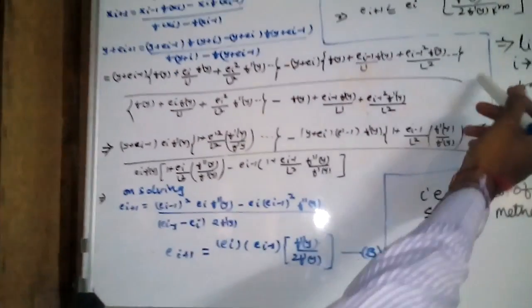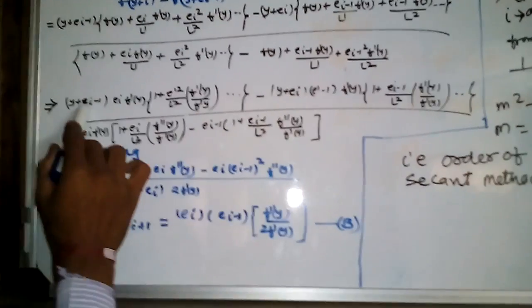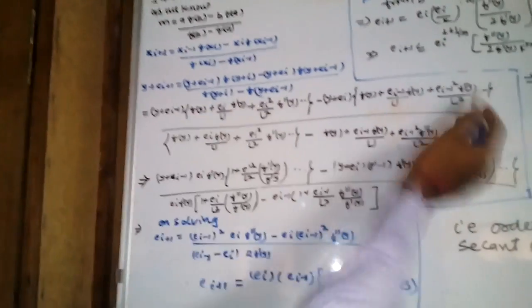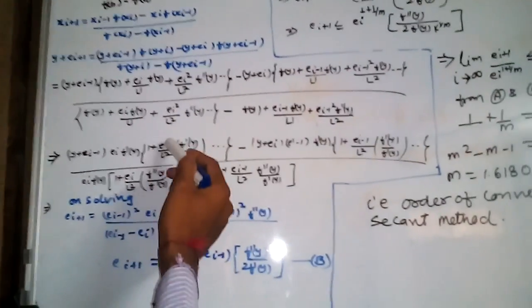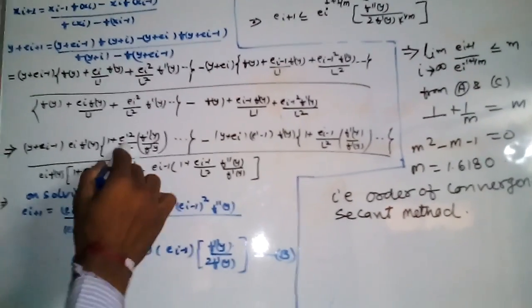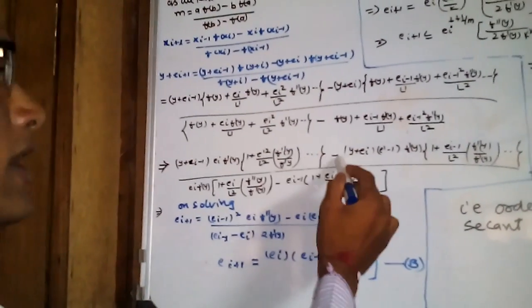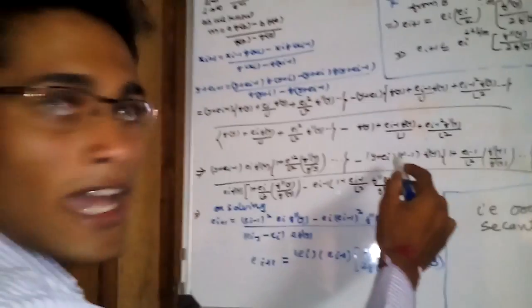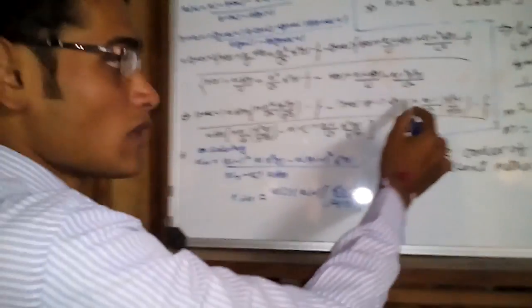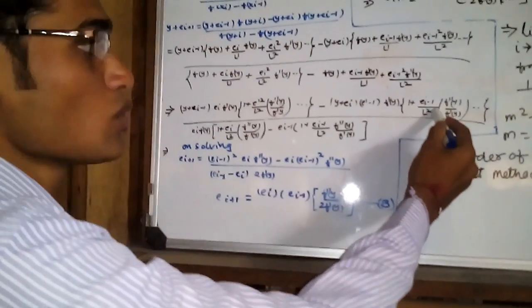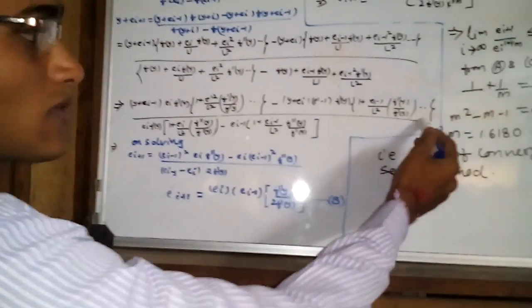So on continuing and solving it, finally we have y plus ei minus 1 ei, taking ei f dash y common from the whole step, 1 plus ei square divided by factorial 2 f double dash y divided by f dash y, and so on, and minus y plus ei into ei minus 1 f dash y and 1 plus ei minus 1 upon factorial 2 f double dash y f dash y.